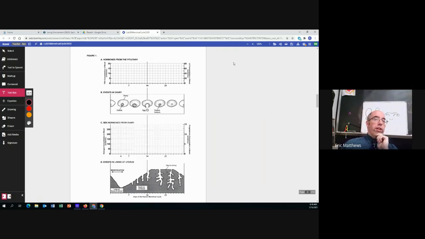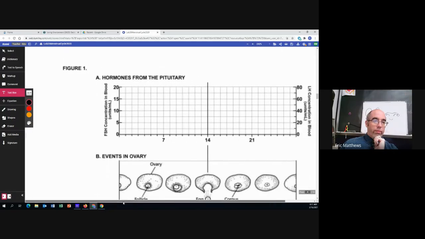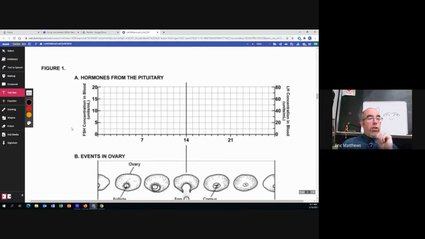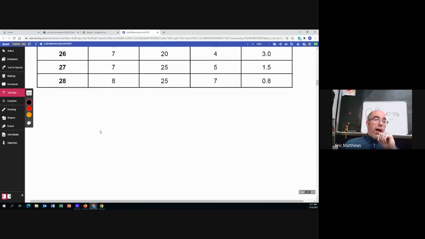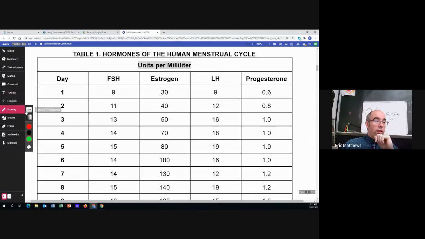So if we take a look at the first one, I'm going to zoom in. And I know it gets a little fuzzy, but this top one is the FSH concentration in the blood. All right, so we're going to go back up to FSH right here, our first column.